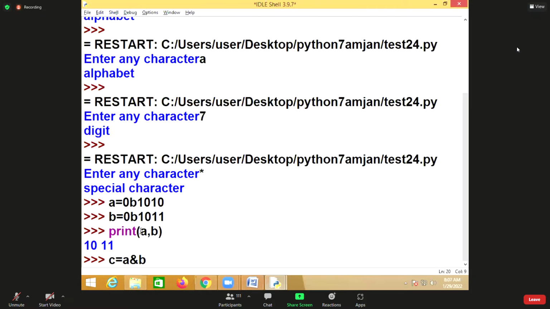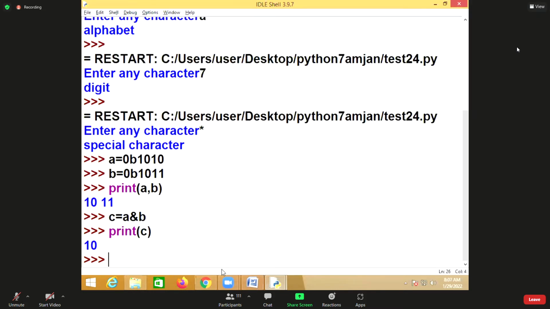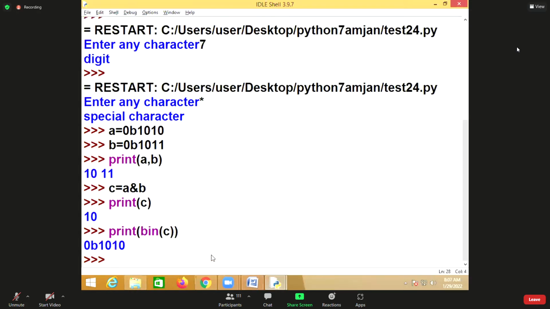So what is the output? 1010, which is equivalent to 10. The value of C is 10, and the binary equivalent of C is 1010, because 0 and 1 is 0, 1 and 1 is 1, 0 and 0 is 0, and 1 and 1 is also 1.